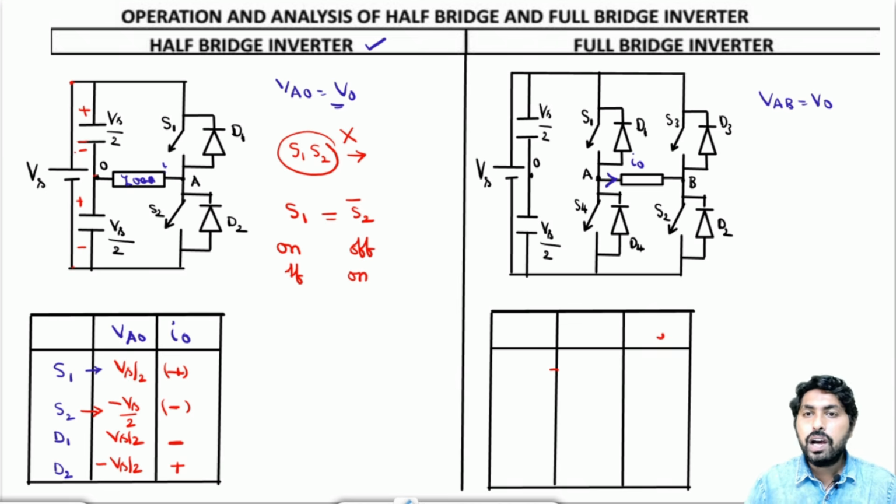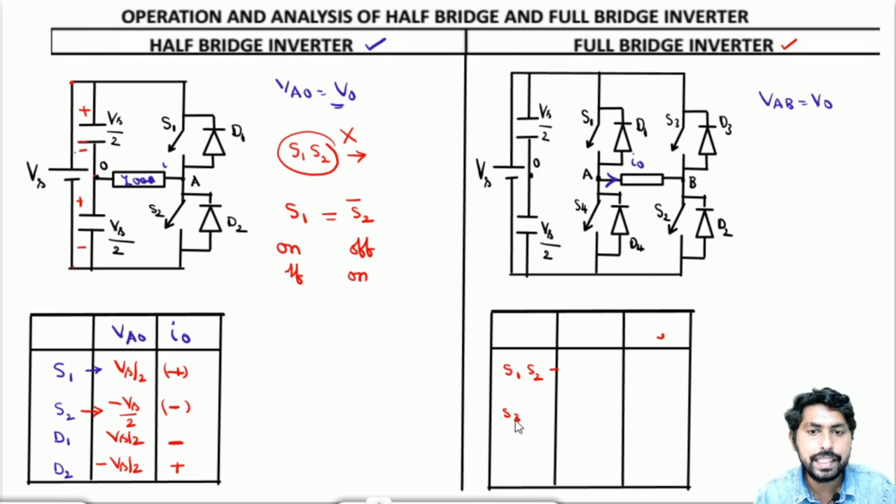Now you have the basic concept of the half bridge inverter. With that basic concept, let us find it for the full bridge inverter. Let me write the possible combinations: S1, S2, S3, S4, D1, D2, D3 and D4.